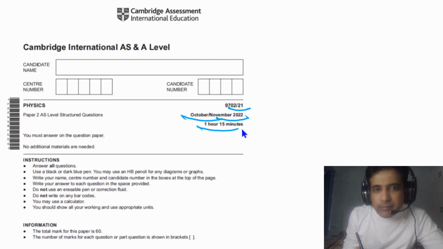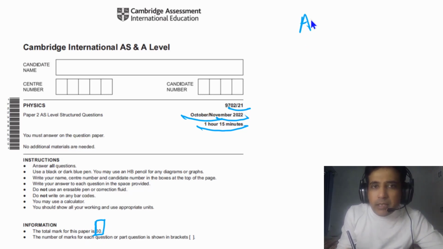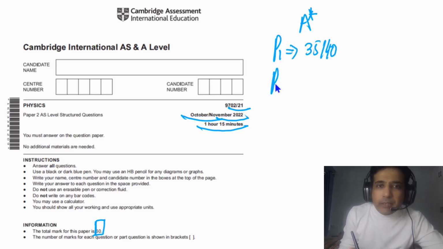Total time for this exam is 1 hour and 15 minutes and total mark for this paper is 60. If you want to get A star in A-level physics, you need to get in paper 1 about 35 out of 40 marks. And in paper 2, you need to get about 50 out of 60.